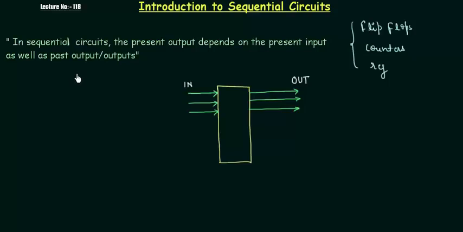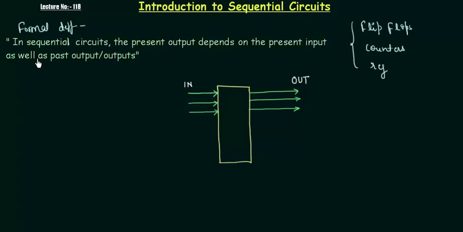When we talk about the sequential circuit, it becomes important for us to talk about combinational circuits at the same time, because half of the definition of the sequential circuit is the combinational circuit. Let's see how. This is a formal definition for your sequential circuit.